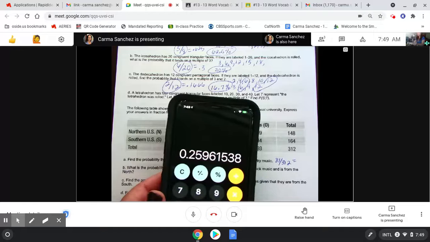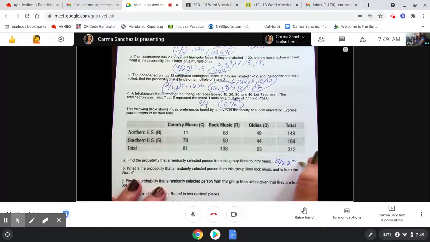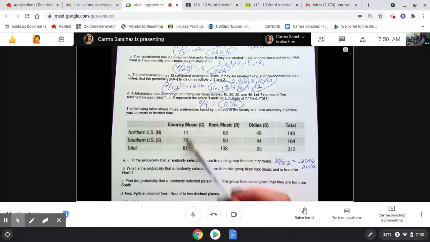So 0.2596 means, you can round it to a whole number for me, 26% more or less. What is the probability that a randomly selected person in this group likes rock music and is from the North? So the first one, we were looking at total people that liked country, but this one wants rock music from the North.